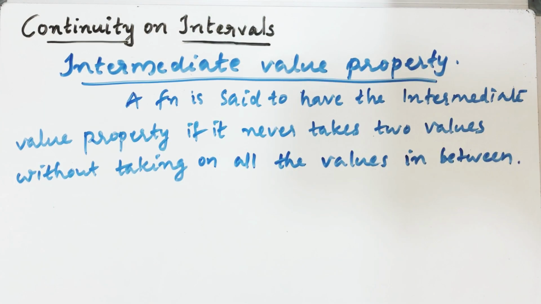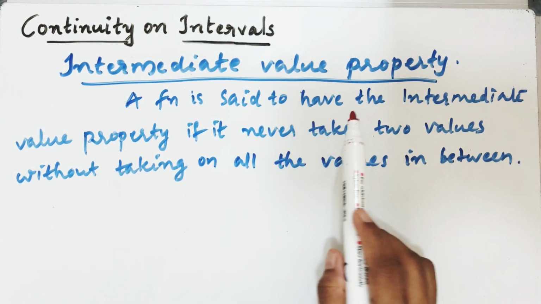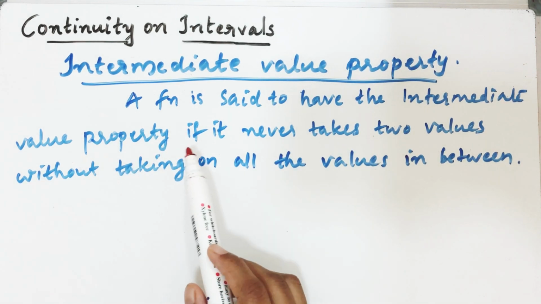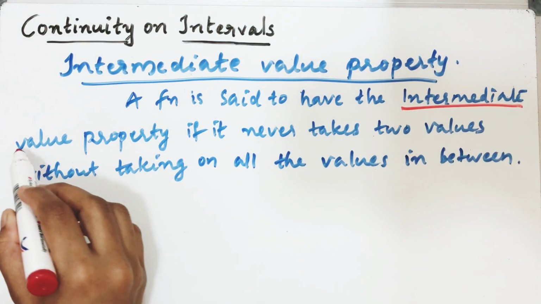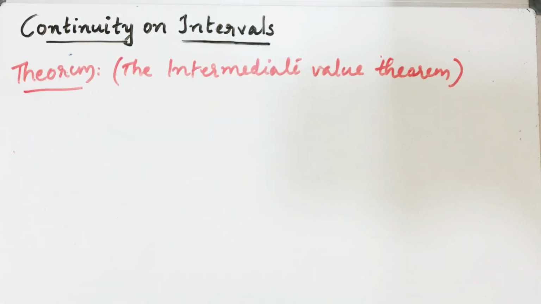We can write: a function is said to have the intermediate value property if it never takes two values without taking on all the values in between. The intermediate value theorem says that a function that is continuous on an interval I has the intermediate value property.